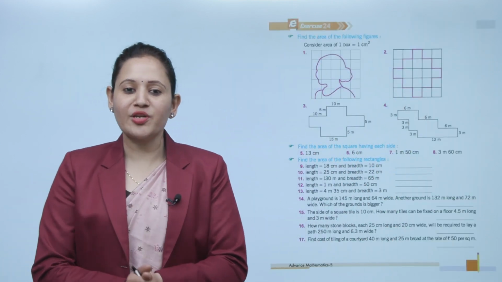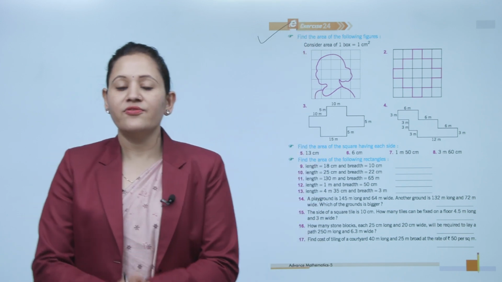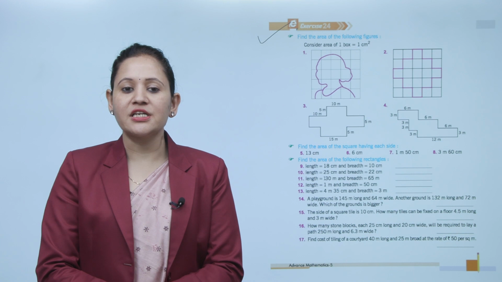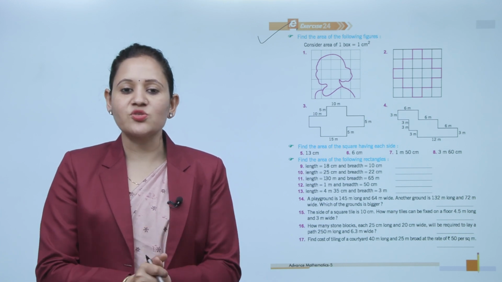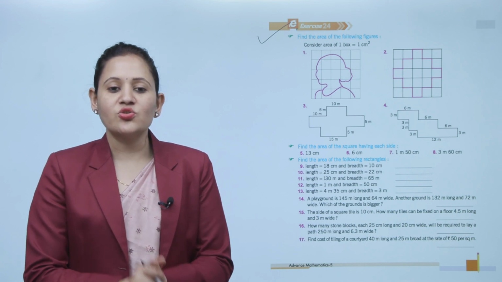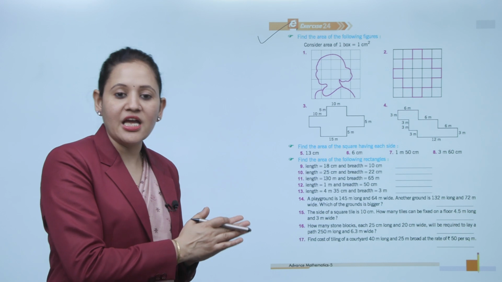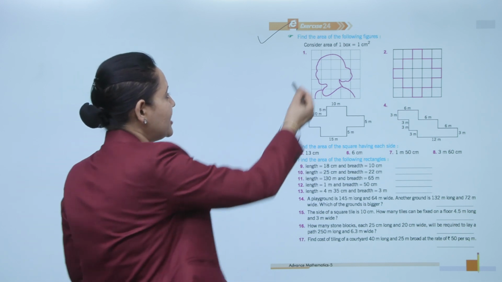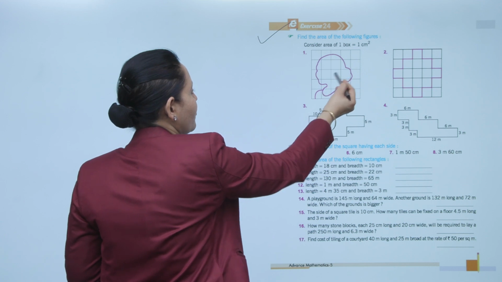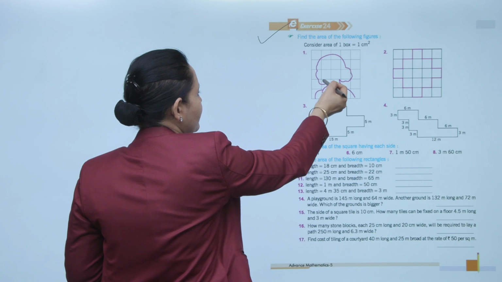Next is exercise 24. Find the area of the following figure. Consider area of one box equal to 1 square centimeter. So here what we'll do? We'll count how many complete squares are there and how many squares are more than half. So complete squares 1, 2, 3, 4, 5, and like this you can count.